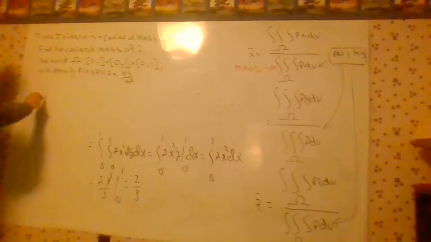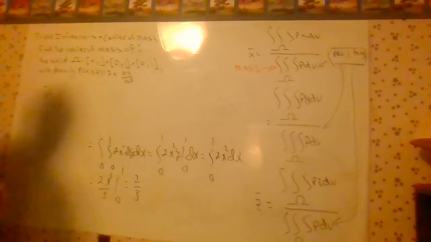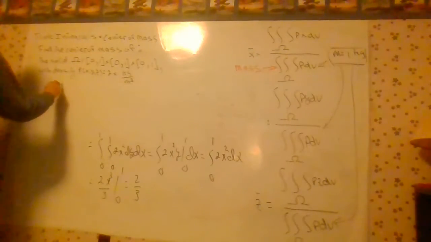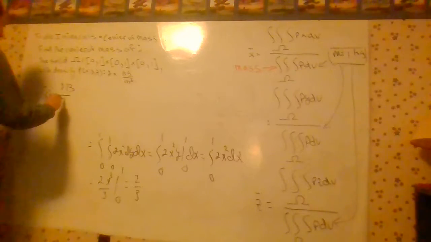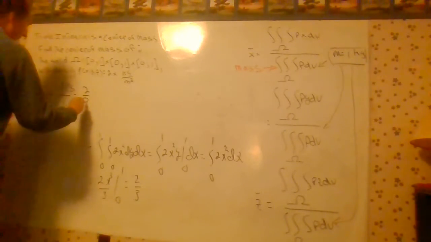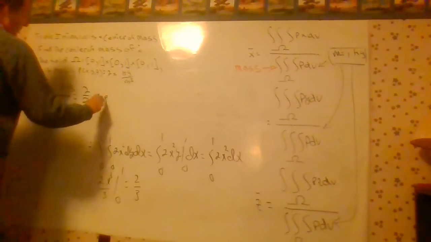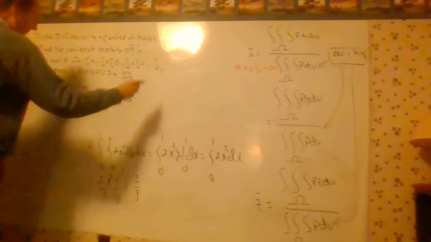So x bar is this integral over this integral, which ends up being 2/3 divided by 1, which is 2/3. And the unit on that would be meters.